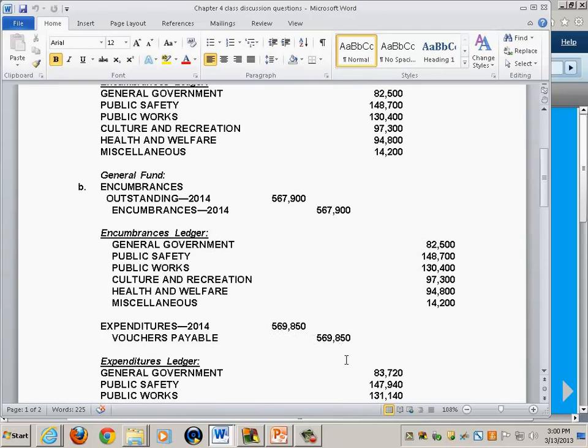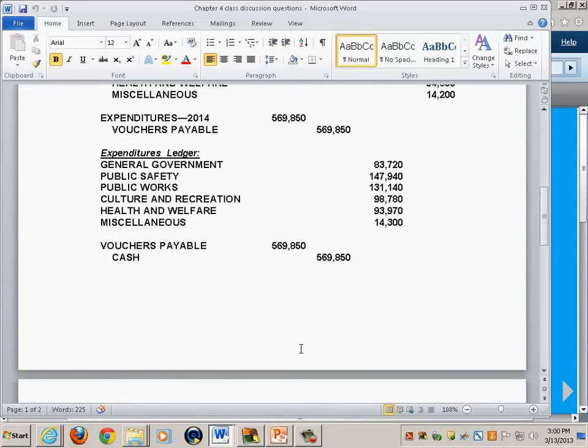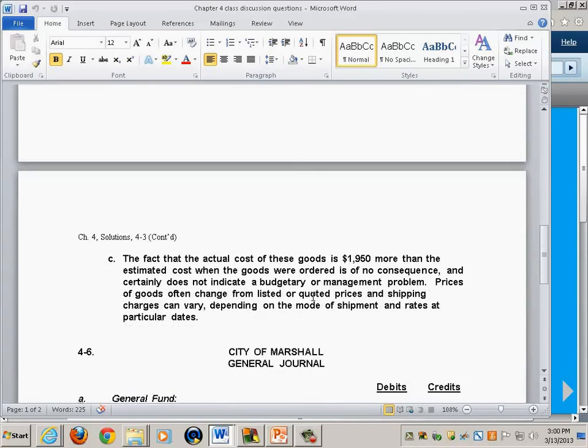The amount of the actual receipt. Is everybody with me? So we are reversing this, and this is what we're coming up with. And of course, we go ahead and pay the 569,850, so you basically credit cash and debit the payable account.